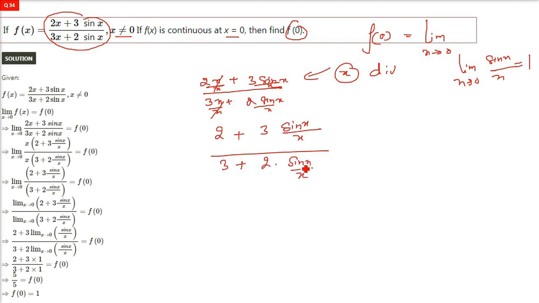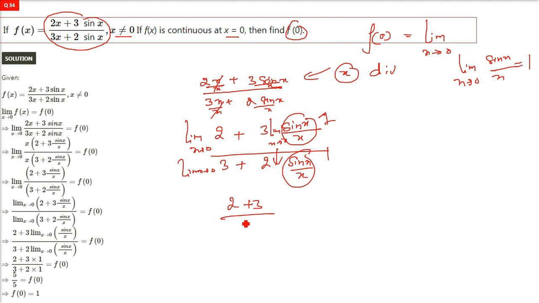Now we can apply the limit x tends to 0 here. This sin x by x is going to be 1, this sin x by x is going to be 1. What do we get? 2 plus 3 into 1 is 5. Here 3 plus 2 into 1 is 5. So 5 divided by 5 is going to be 1. And that is equal to your f0. This is your answer.